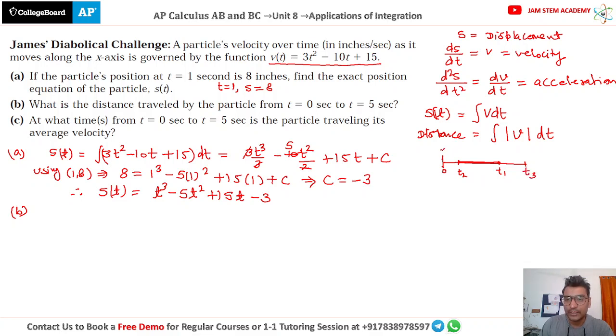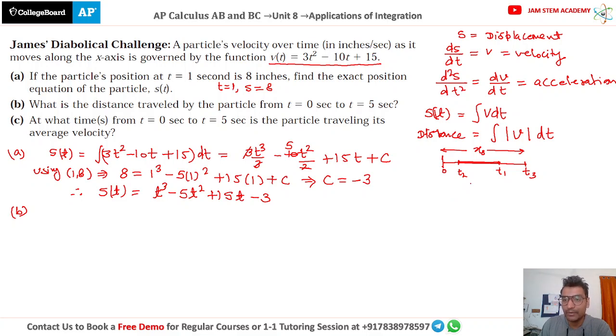So the displacement of this particle is given by this distance, let's call it x3 only. x3 is the displacement traveled by the particle in its journey from 0 to t3 time. But if I say find the distance, what is distance?